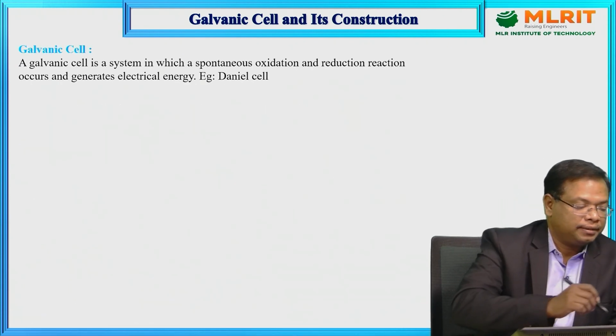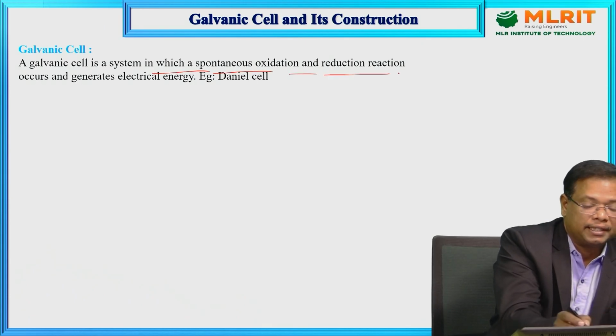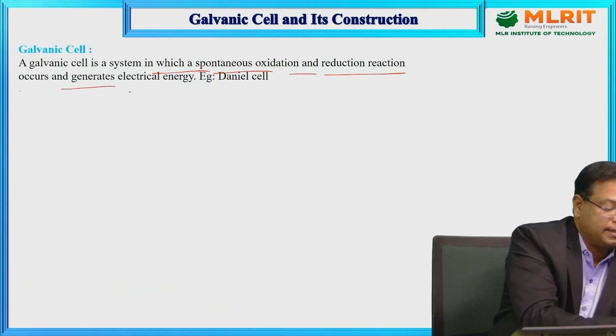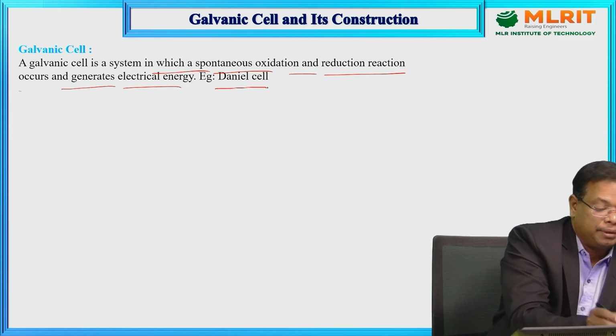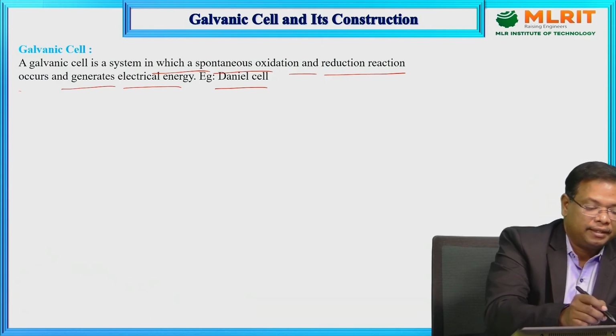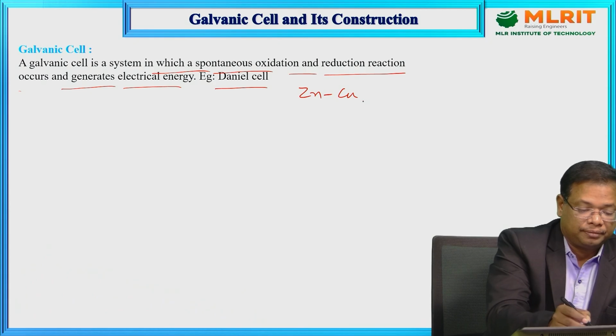Galvanic cell is a system in which spontaneous oxidation and reduction reactions take place and generate electrical energy. For example, Daniell cell. What is Daniell cell? Daniell cell is a zinc and copper electrochemical cell.